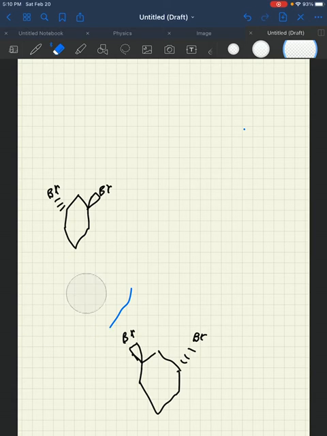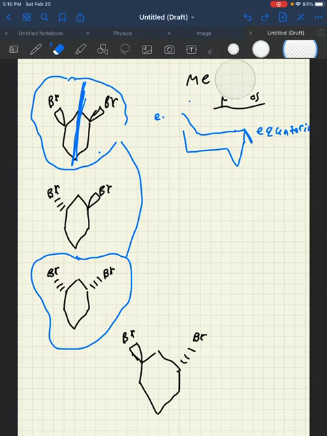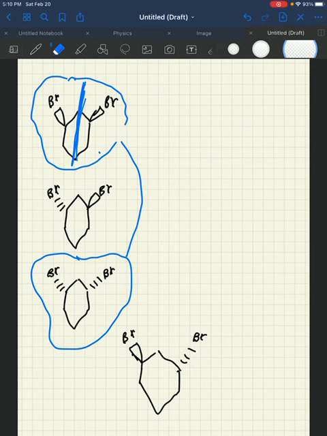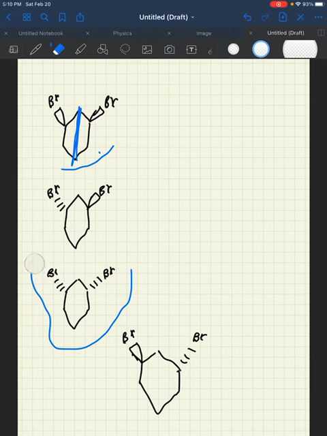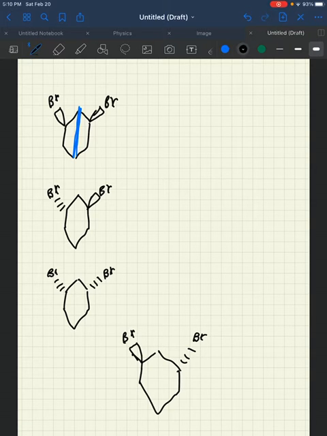Sorry guys, I just have to clean this space up a little bit so you can better see and understand. You're probably wondering, Ross, why aren't these the same compounds? Why aren't these meso compounds? Well, let's draw it out.